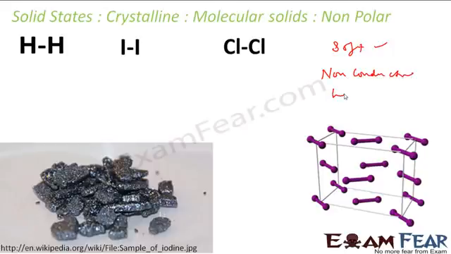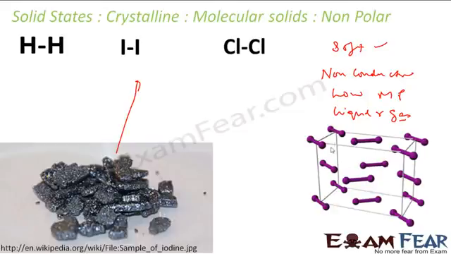Since they are soft, they have low melting point, and they are generally liquid or gas at room temperature or pressure. I think this is iodine, solid iodine, yeah. So this is the molecular solid structure.